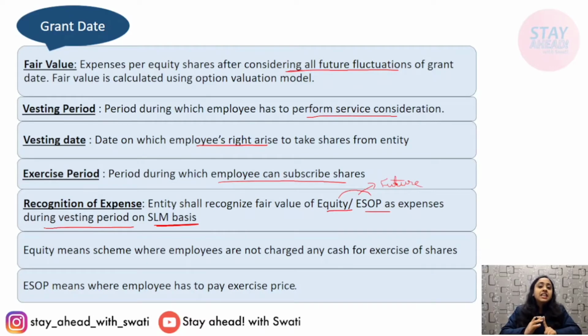Instead, it is charged to P&L over the vesting period on SLM basis. For example, if the vesting period is 3 years and the total expense is 3 lakh, it will not be charged to 1 year's P&L. Instead, it will be divided by 3 and each year 1 lakh will be transferred to P&L on the SLM basis. This is a simple calculation to understand.